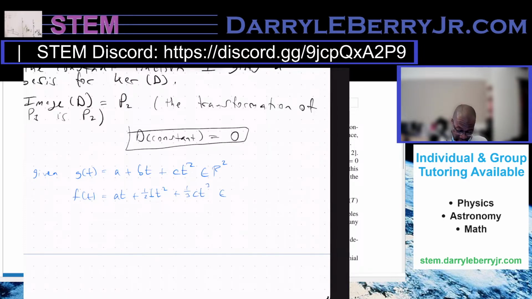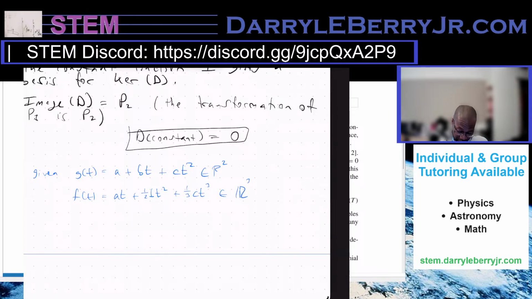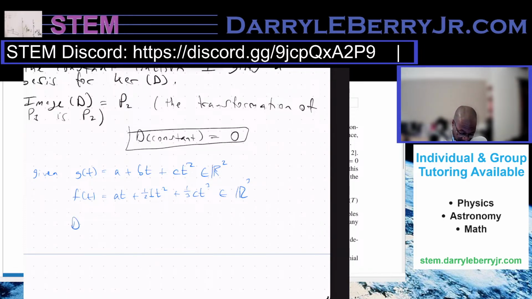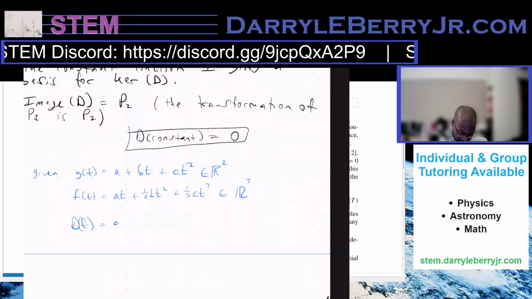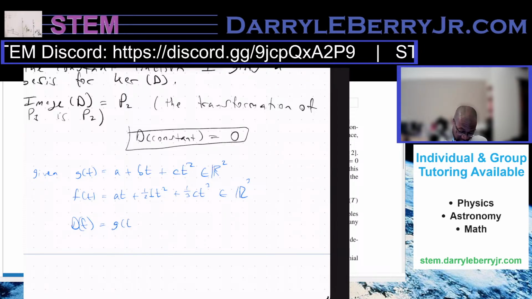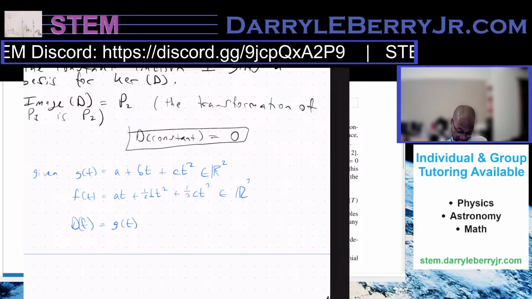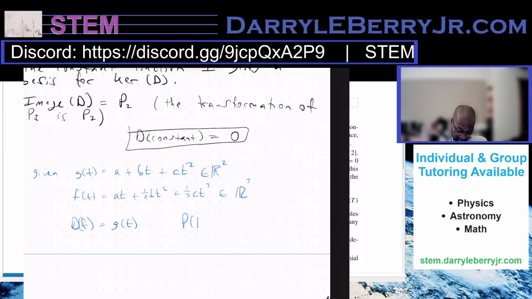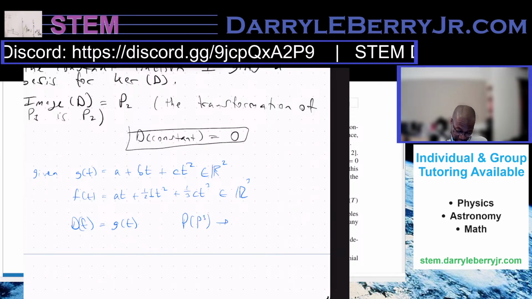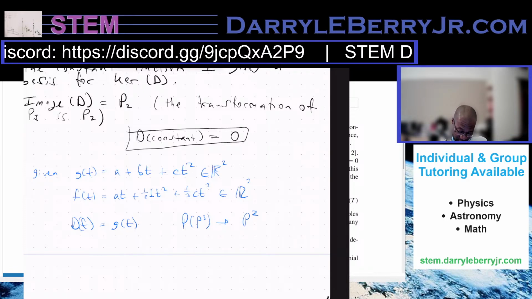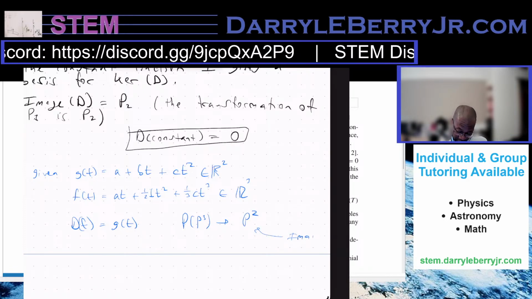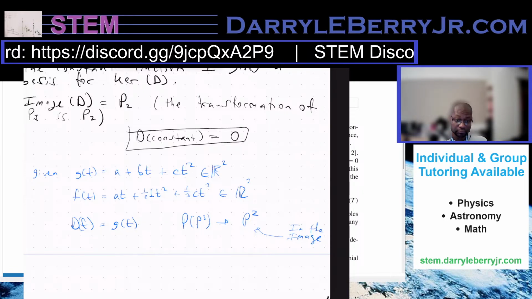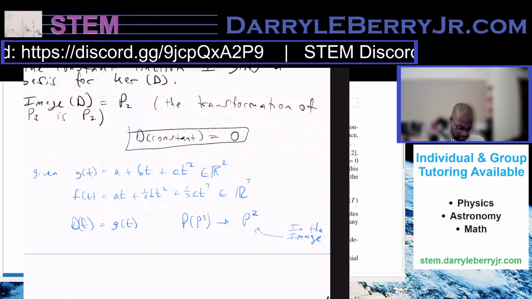So we just took the integral of that. That's in R3. And df equals g(t). So d of P3 goes to P2. Thus, this is in the image. Okay, so B, that was A.